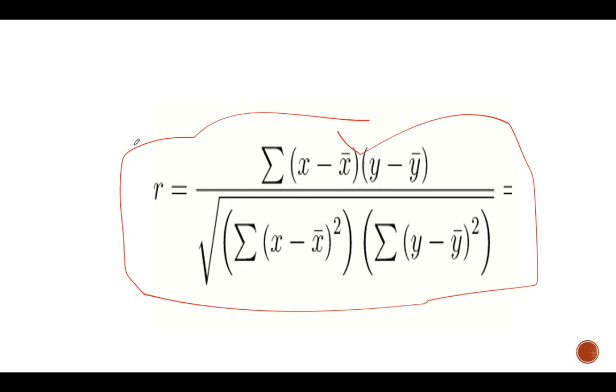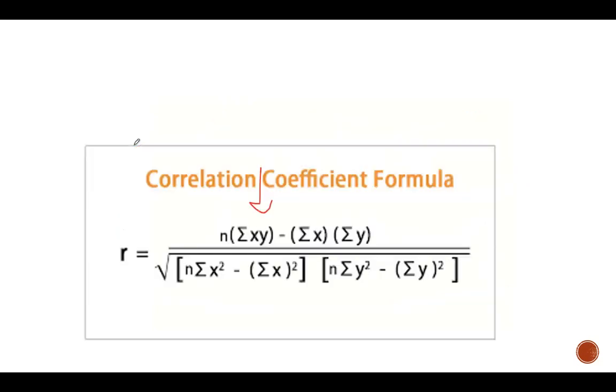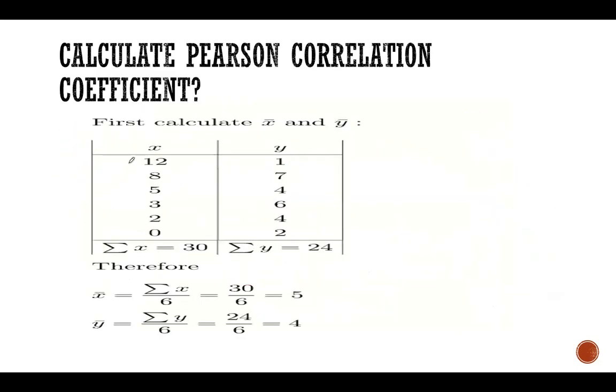First of all, we need to calculate x bar, right? These are x values, these are y values. x bar is basically your average, so x bar would be sigma x, the sum of all the x values, divided by the number of observations. Similarly, y bar you will calculate as the summation of all y values divided by the number of observations.